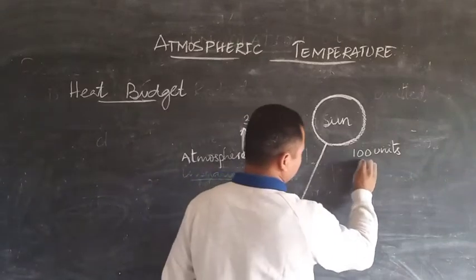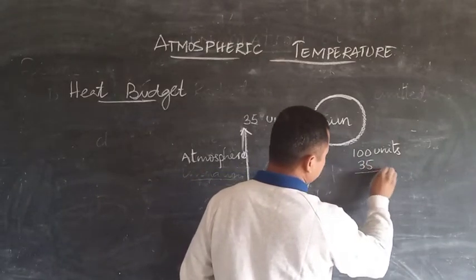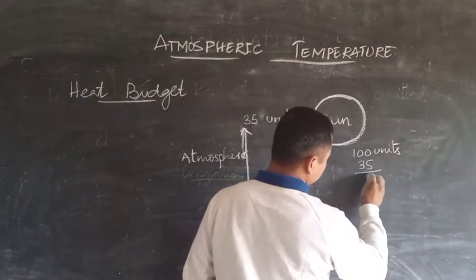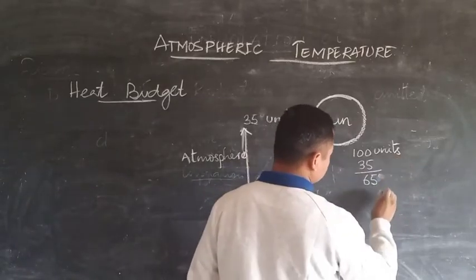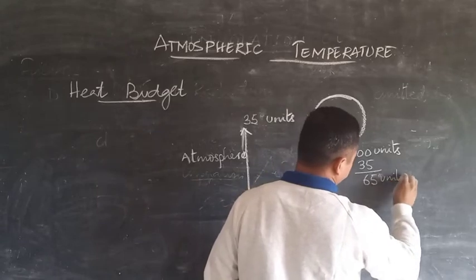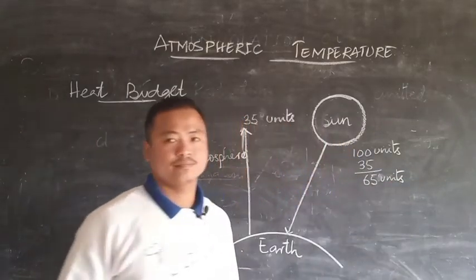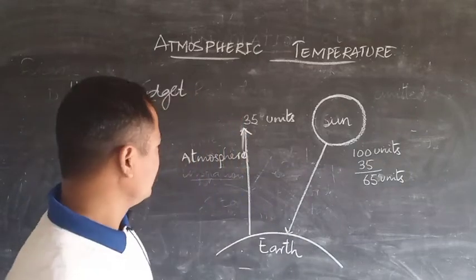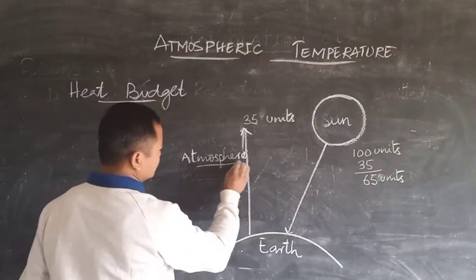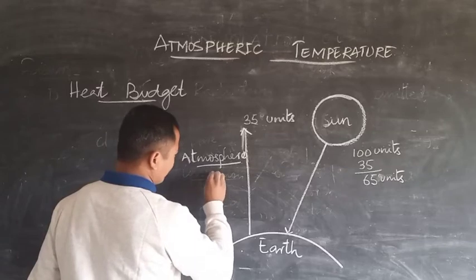So out of these 100 units, if you take 35 units out, how much remains? It's only 65 units, or 65%. Out of the 65 remaining units, the atmosphere of the earth absorbs about 14 units.